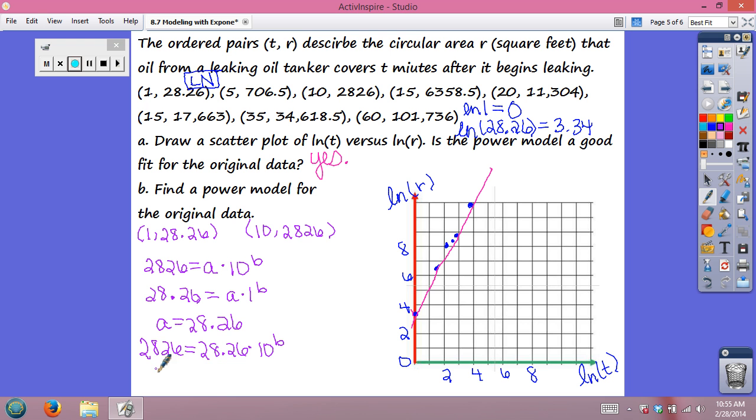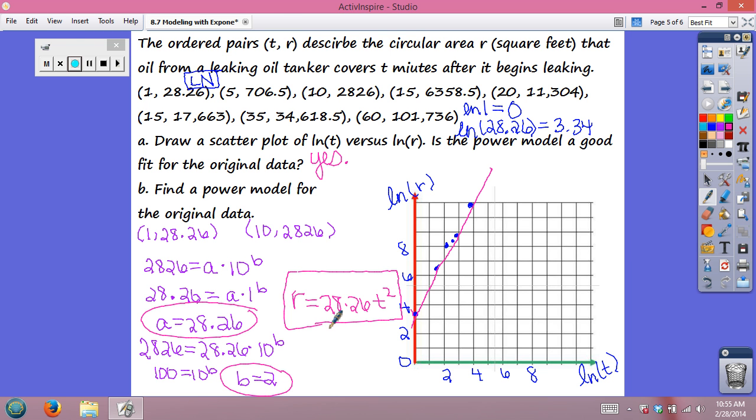Simplifying this, we get 100 equals 10 to the b power, and we know that 10 squared is 100, so b equals 2. We have our 2 values here. B is 2, A is 28.26. So our equation we get is R equals 28.26 times T squared. And that is our power model.